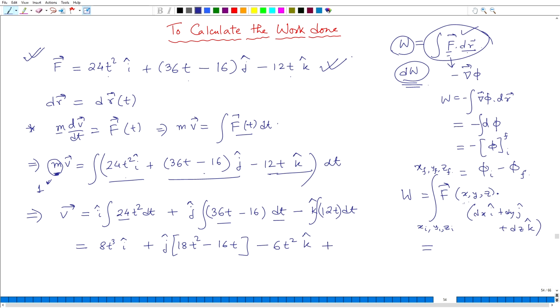We have to add an arbitrary constant of integration, and I can call that k 0. This is a constant vector. So, when we integrate scalars, we have a constant number or constant scalar. Here we are integrating a vector, and that is why we will have a constant vector as an arbitrary constant of integration.